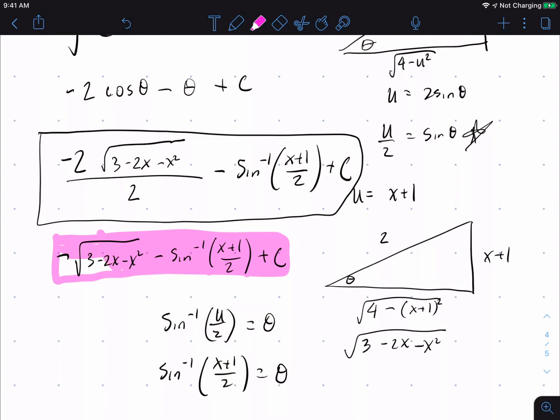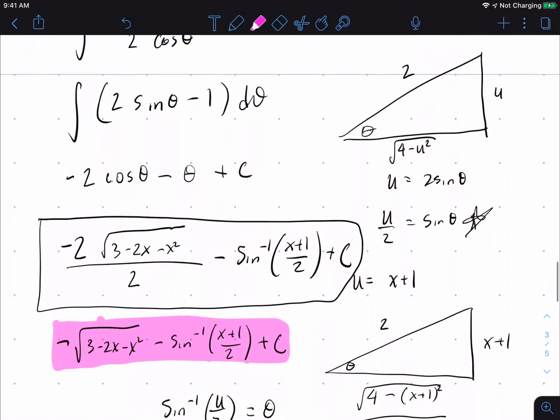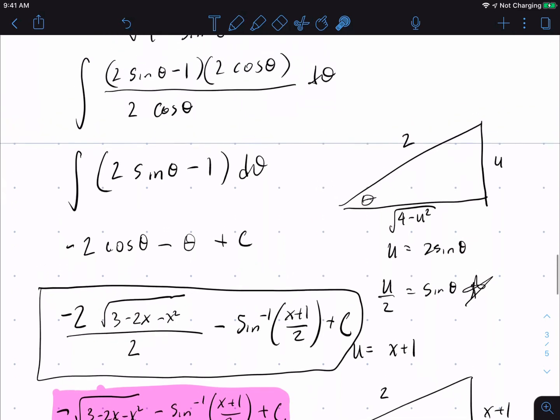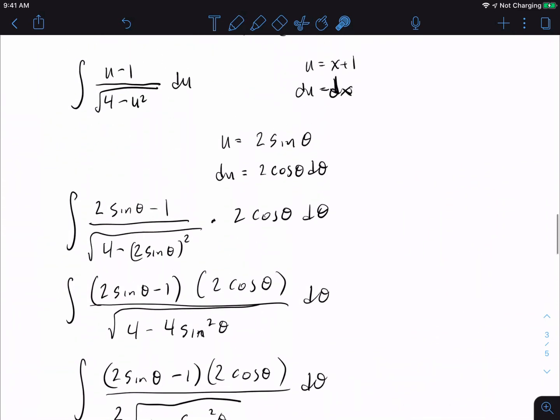All right, are there any questions on this problem at all? I was just wondering how you got the 2 sine for the u. Oh, when you did the second u substitution. Okay, so how I got this piece? Yeah, like where'd you get that from? From the beginning. So from up here.